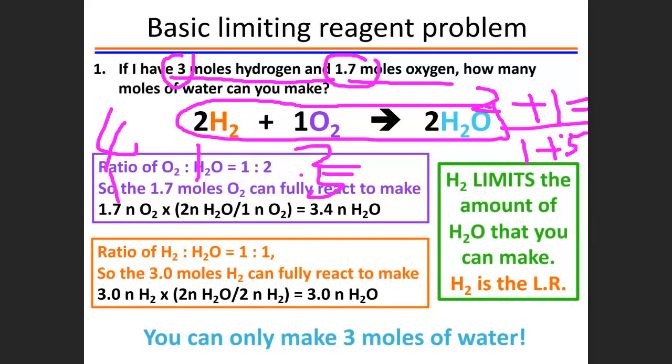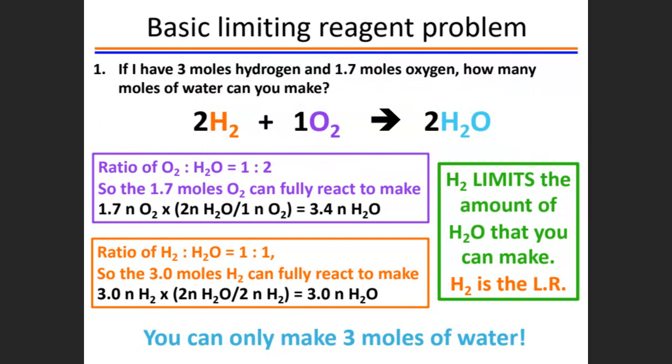That means for 3 mole hydrogen, we need 1.5 mole oxygen, but we have 1.7 mole. So for this particular ratio, hydrogen is our limiting reagent. And how many moles of water will we make? Sorry, I think we will make 3 mole of water because the ratio of water and hydrogen is the same. So we will make 3 mole of water. See, without calculation, we can figure it out. But let's see how we can do that calculation.